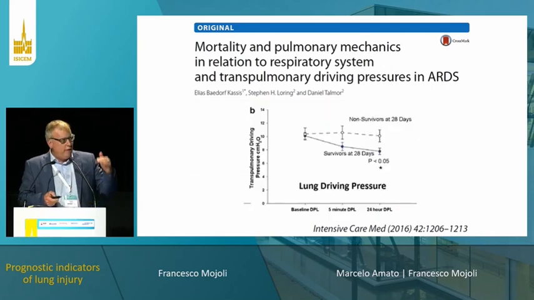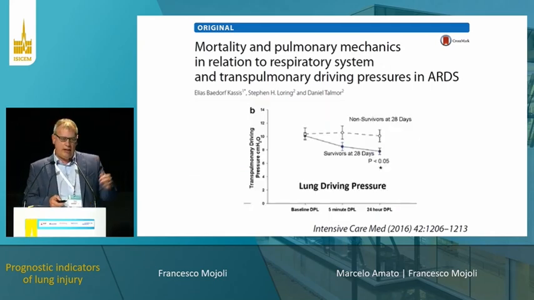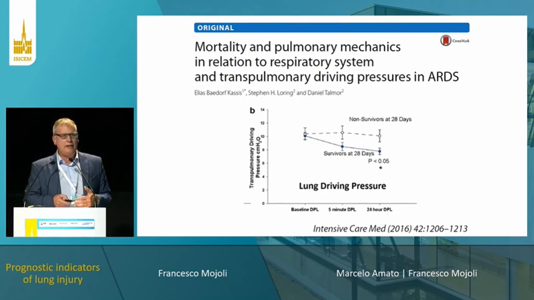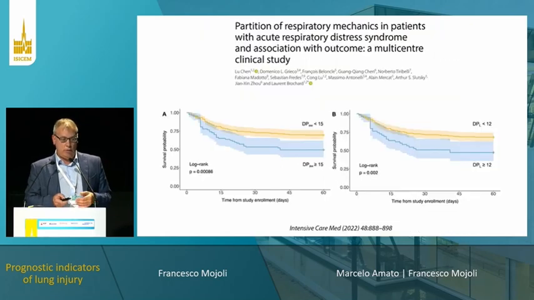So again, if the threshold for airway driving pressure was 15, it should be a little bit lower for the lung driving pressure, and data are accumulating showing that probably the upper limit should be around 10 or 12 centimeters of water for the lung driving pressure.